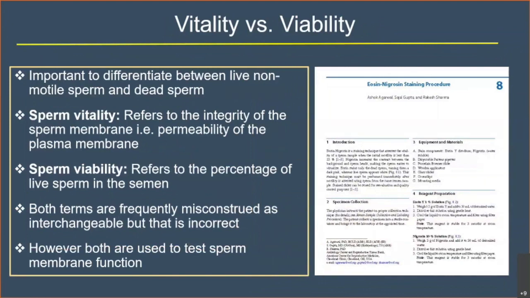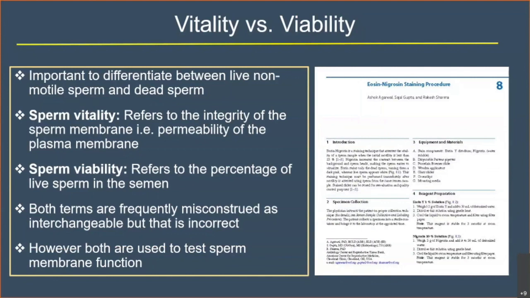It is important to differentiate between live, non-motile sperm and dead sperm. And also, it is important to understand the difference between sperm vitality, which essentially refers to the integrity of the sperm membrane, and sperm viability, which refers to the percentage of live sperm in the semen sample.